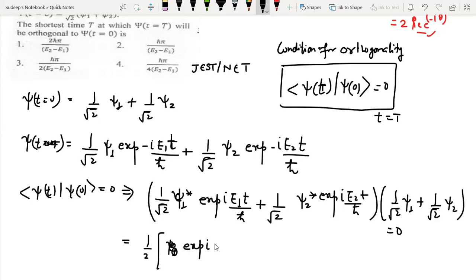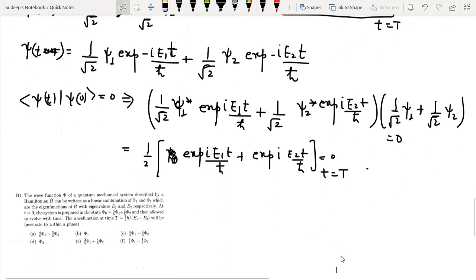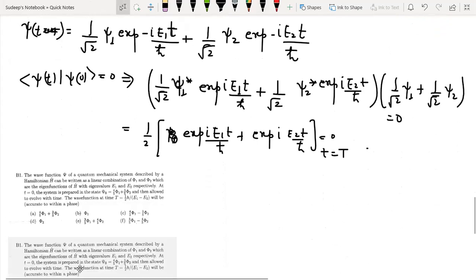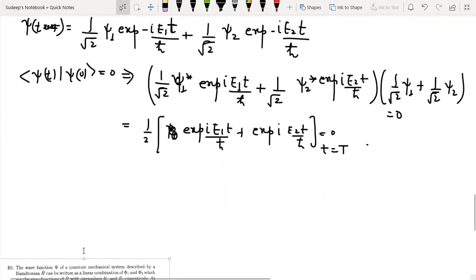I would simply get exponential iota E1 t upon h bar plus exponential iota E2 t upon h bar equals to 0 at time t equals to capital T. I hope it is clear so far. So what do I get from here? I get something like this.